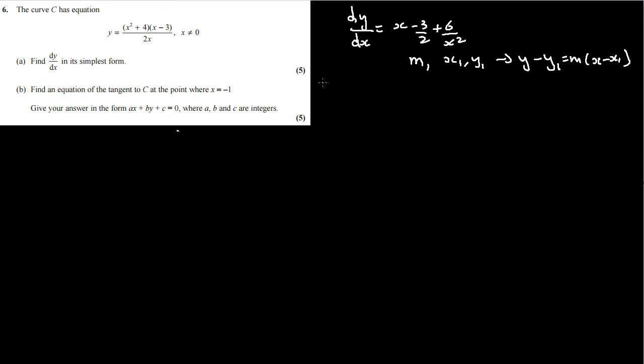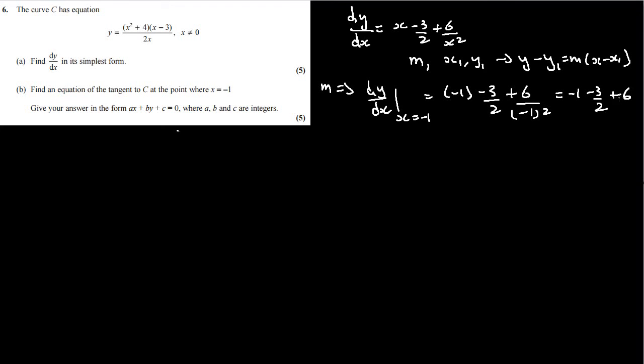So let's get m. We need to compute dy by dx at x equals minus 1 because that is the point. So we have the dy by dx equation, so let's put minus 1 in this equation. So we have minus 1 minus 3 over 2 plus 6 over minus 1 squared, which simplifies to minus 1 minus 3 over 2 plus 6.